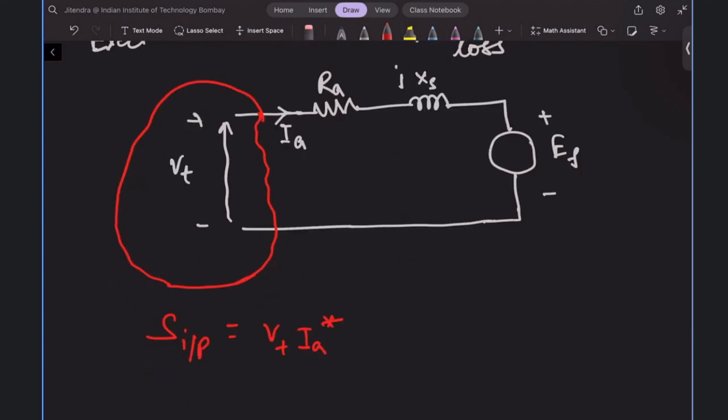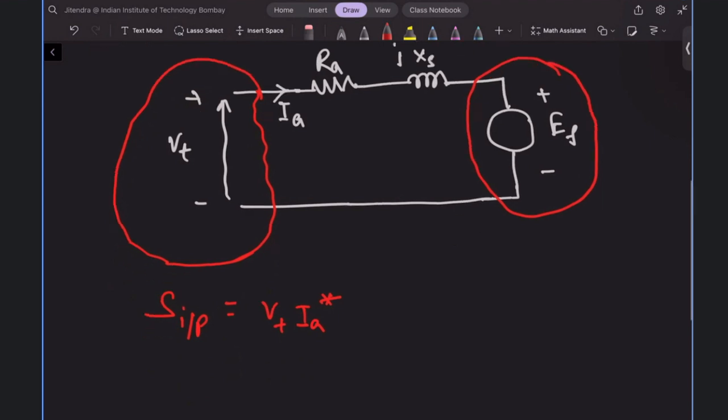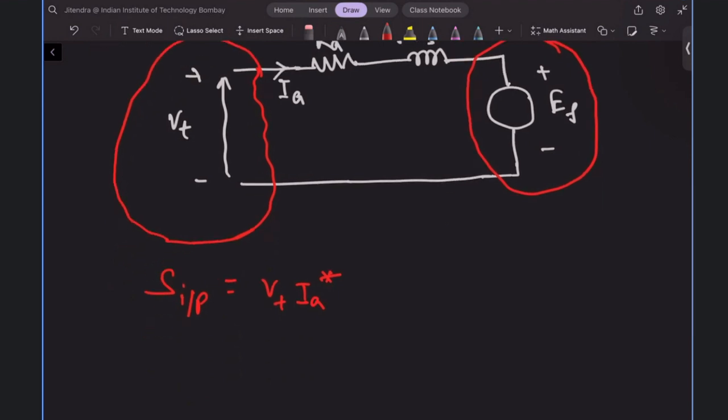But we are concerned with the developed power. So we can also write developed power is equal to EF IA conjugate. Is it fine?